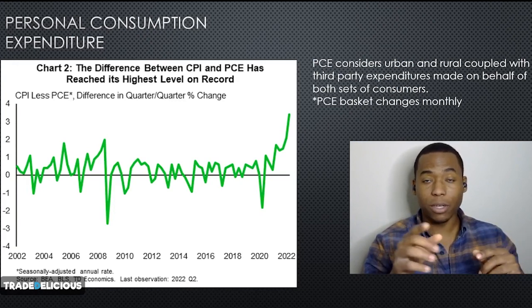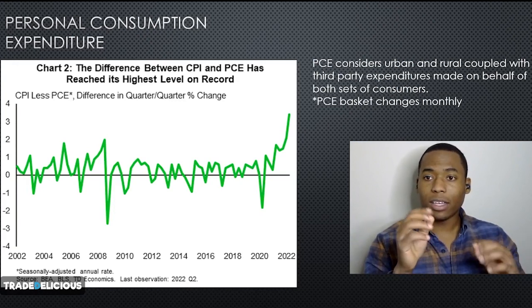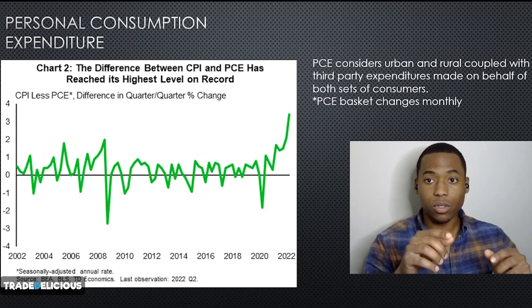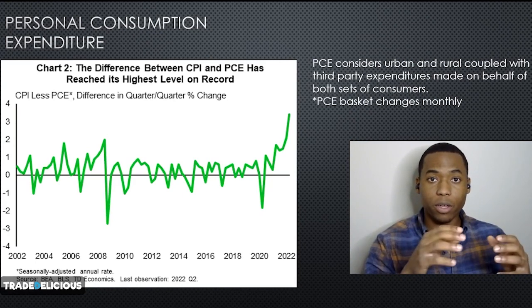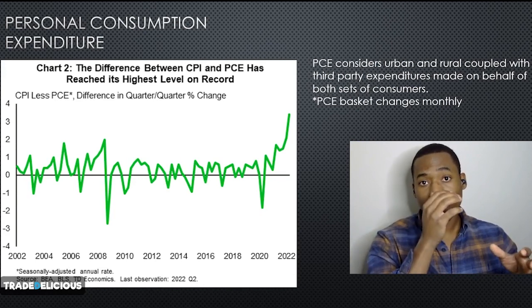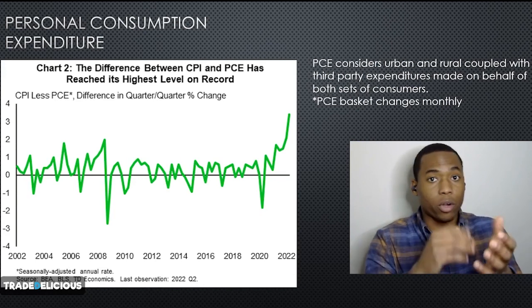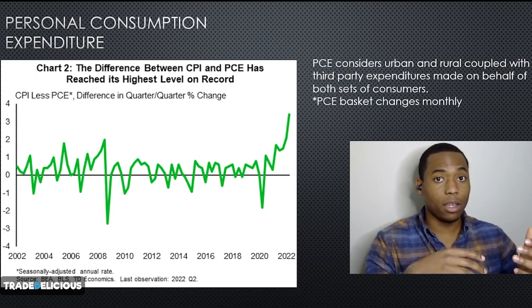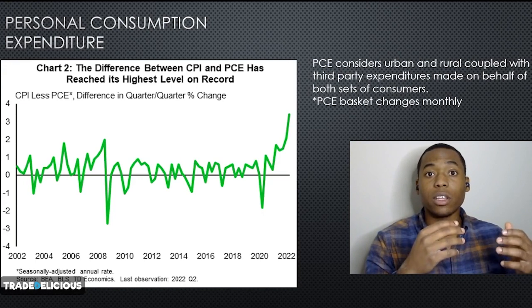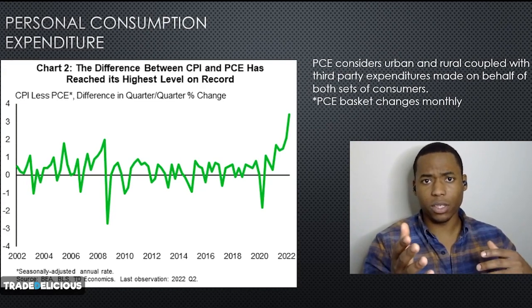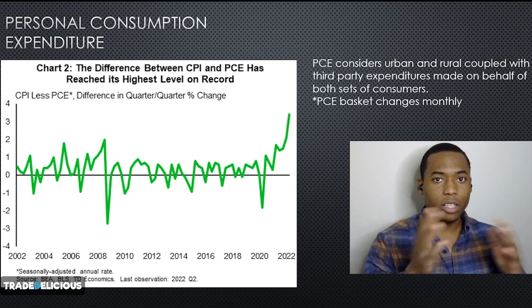Personal consumption expenditure, say that 5 times fast, considers urban and rural consumers, coupled with third-party expenditures bought on behalf of those two parties. With PCE, the market basket changes every couple of months. CPI, it changes every couple of years. Forgive me, PCE actually changes on a monthly basis. But you get where I'm going with this.